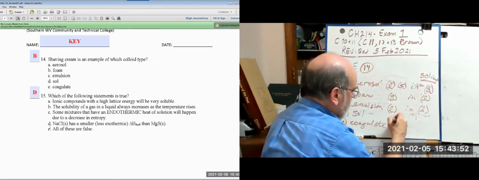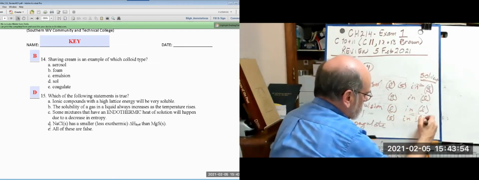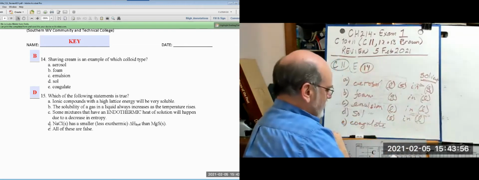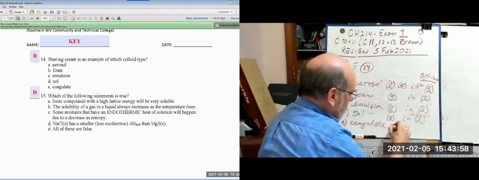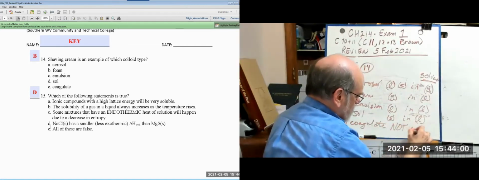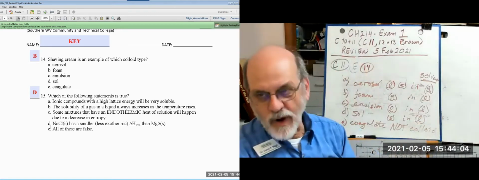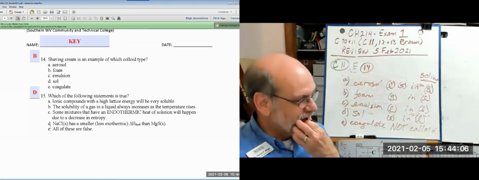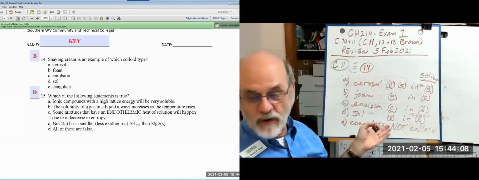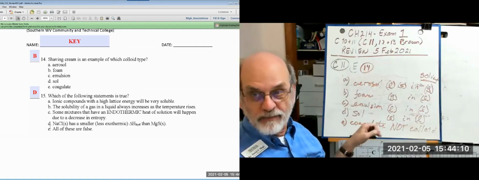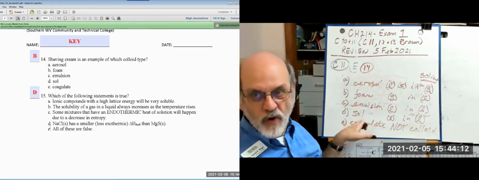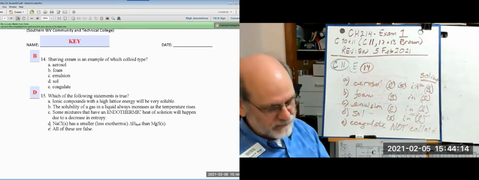And a sol is a solid in a liquid. And a coagulate is not a colloid. Coagulate is what a colloid does when you disrupt it and destroy its nature as a colloid.